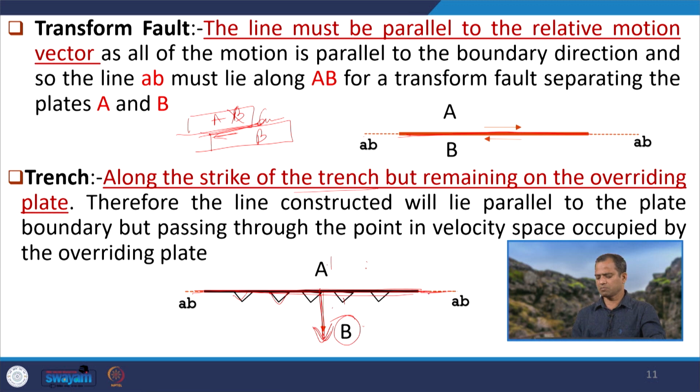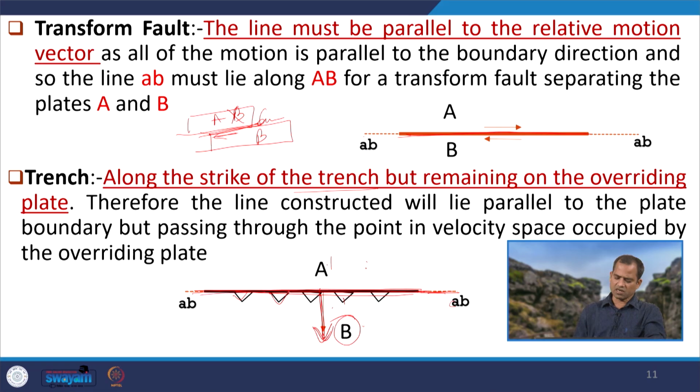So, the orientation of the plate boundary AB will be parallel to this trench, but it will lie on the overriding plate, because if it were on the underthrusting plate, it would be destroyed. So the assumption is that it should be parallel to the trench but remain on the overriding plate.